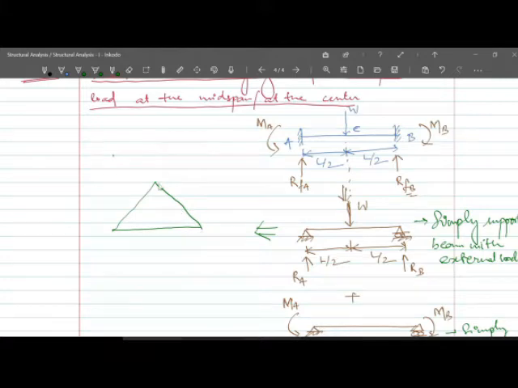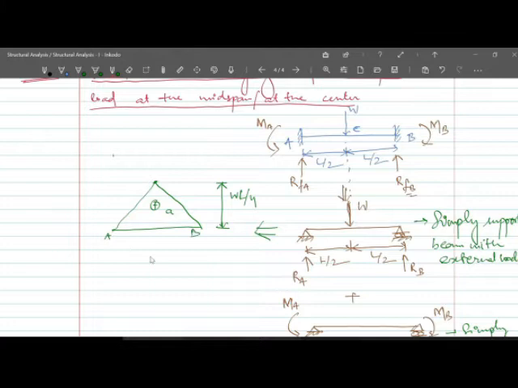Okay, and the maximum value, what is this value? This is W L by 4. Okay, and this is positive. Let us say the area of the free bending moment diagram.